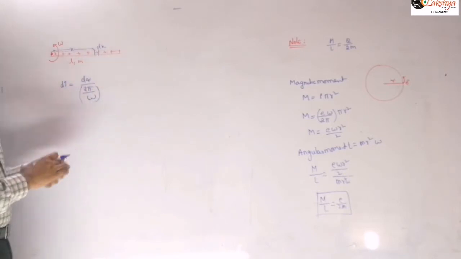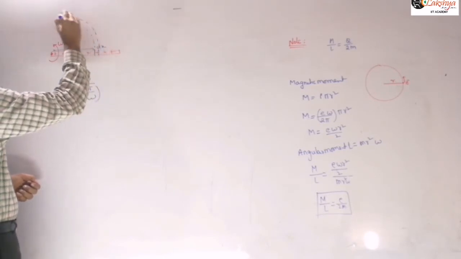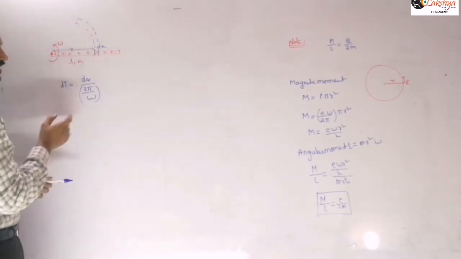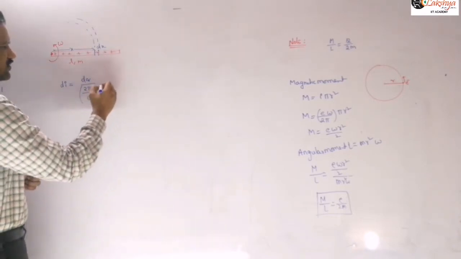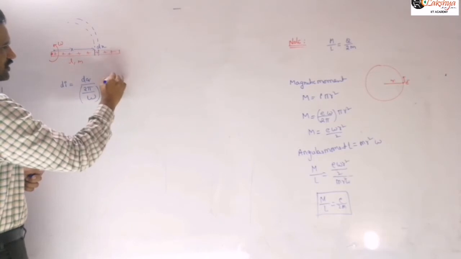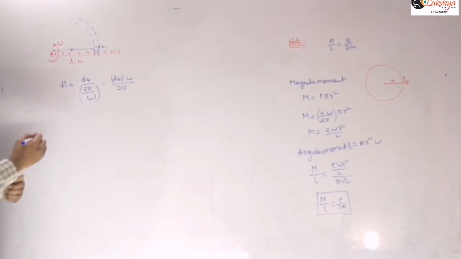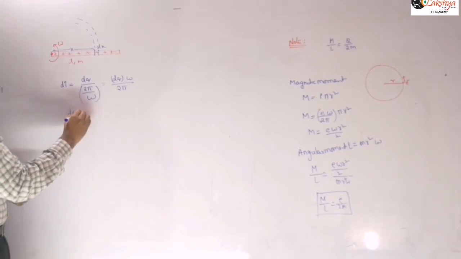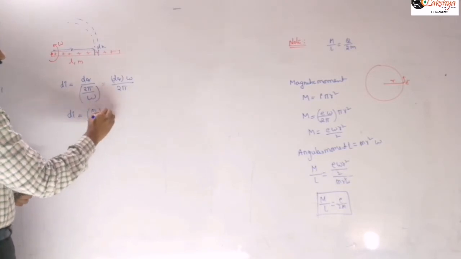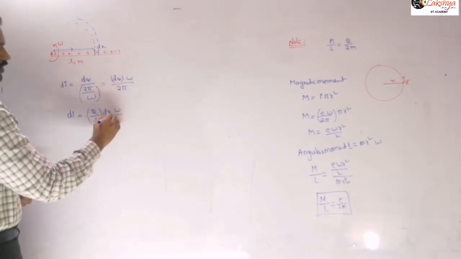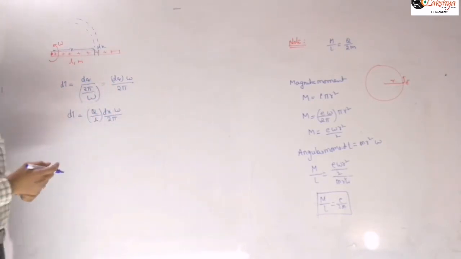This small element moves in a circular path of radius x, so di is dq into omega by 2 pi, and the dq value is Q by L into dx, so di is Q by L into dx into omega by 2 pi. Q by L is the charge per unit length, into the length of that element.